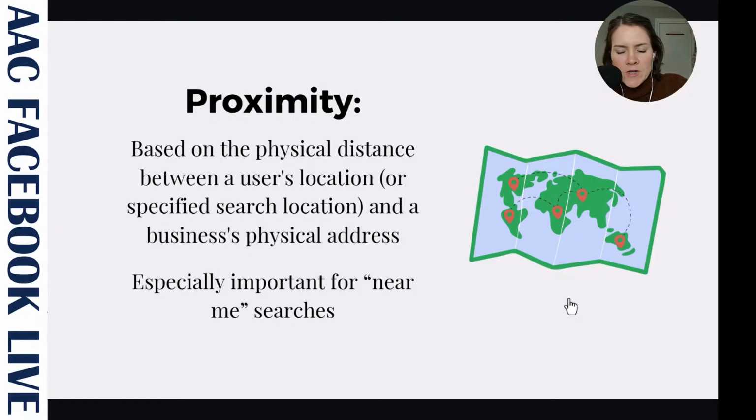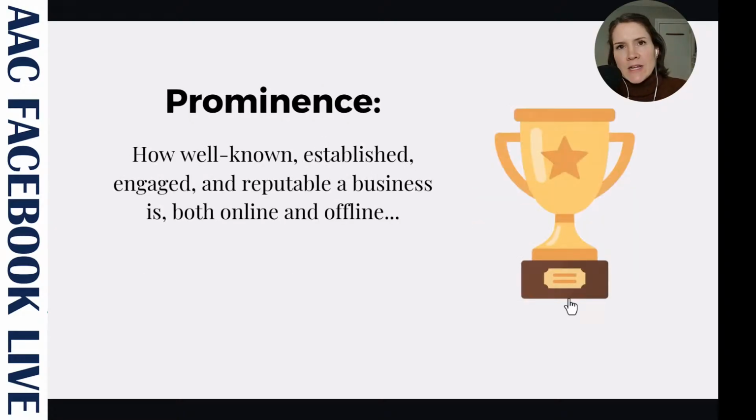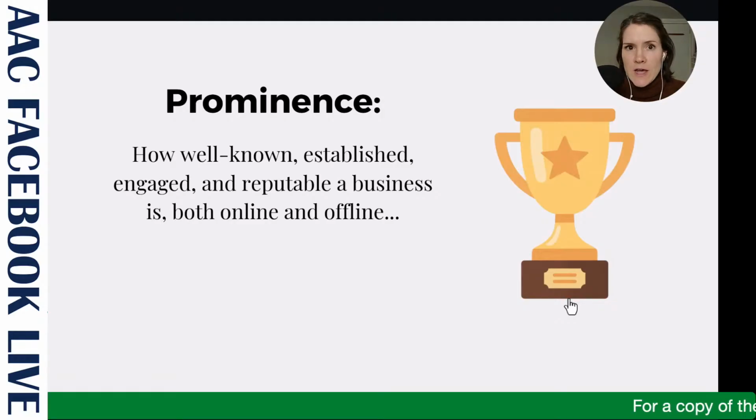Okay, so that's proximity. And then prominence is really how authoritative, how engaged, how popular is your business? How much are people talking about your business? And this is both in terms of online and offline.